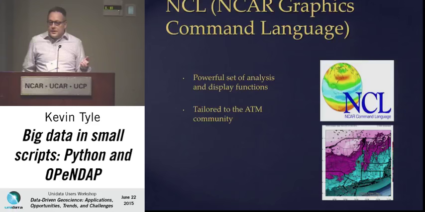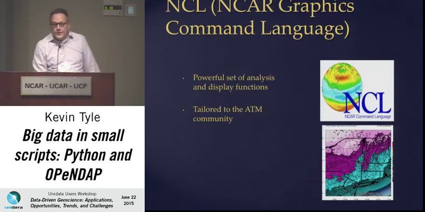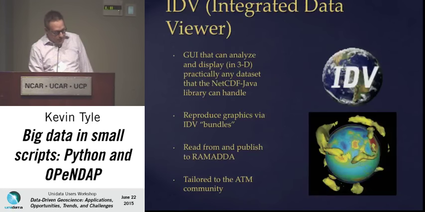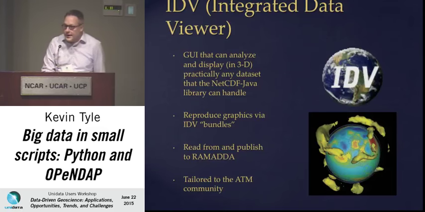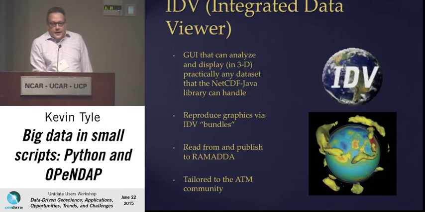This capability has been available for many years, and it makes NCL really, really good at leveraging the ability to access very large data sets that we don't have to worry about hosting on our own network. IDV also does the same thing. Can access very easily OPeNDAP just by browsing catalogs.